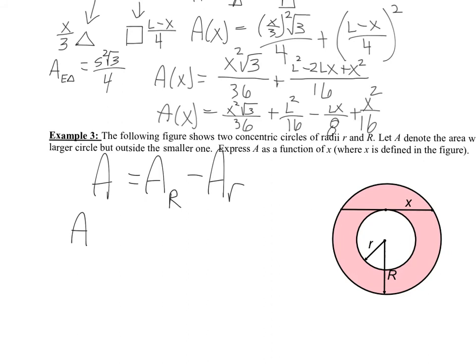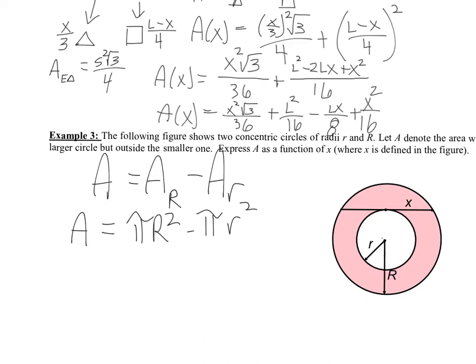Well, let's see what happens here. First off, we can set up the problem right here. It'd be area equals pi uppercase R squared minus pi lowercase r squared. So what's the relationship here?